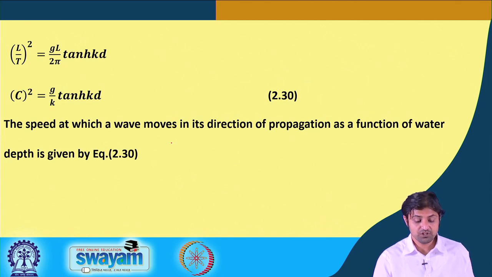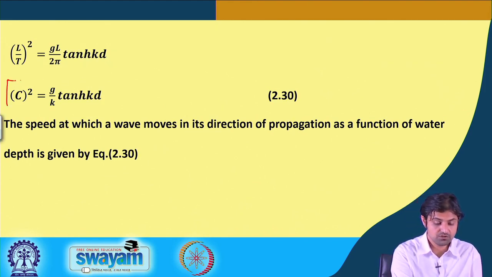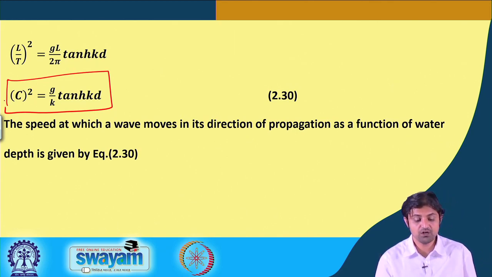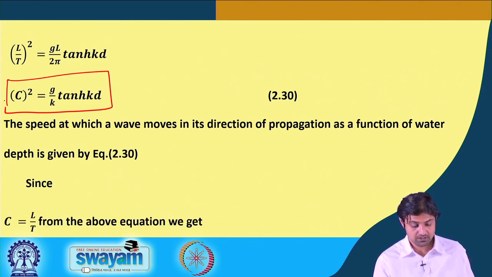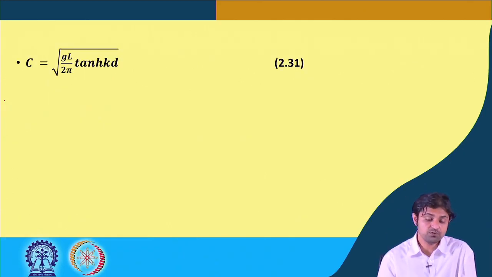So, the speed at which a wave moves in the direction of propagation as a function of water depth can be given by this equation. Earlier we obtained the velocity potential at constant depth, but now we have found the speed of the wave as a function of water depth. Since c is equal to L by T, we are just writing it in a different form.